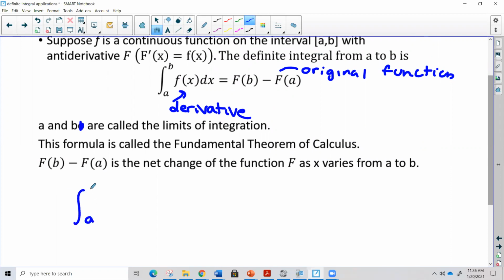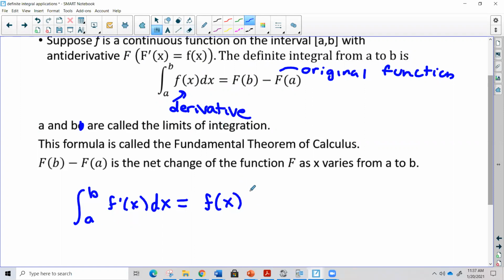Now, I feel like this notation is a little bit less confusing, but most textbooks use the capital F and the lowercase f. But if I use the derivative notation instead, what I'm saying is, if I'm given the derivative, I find the original function. And then I'm going to plug in my upper and lower bound.